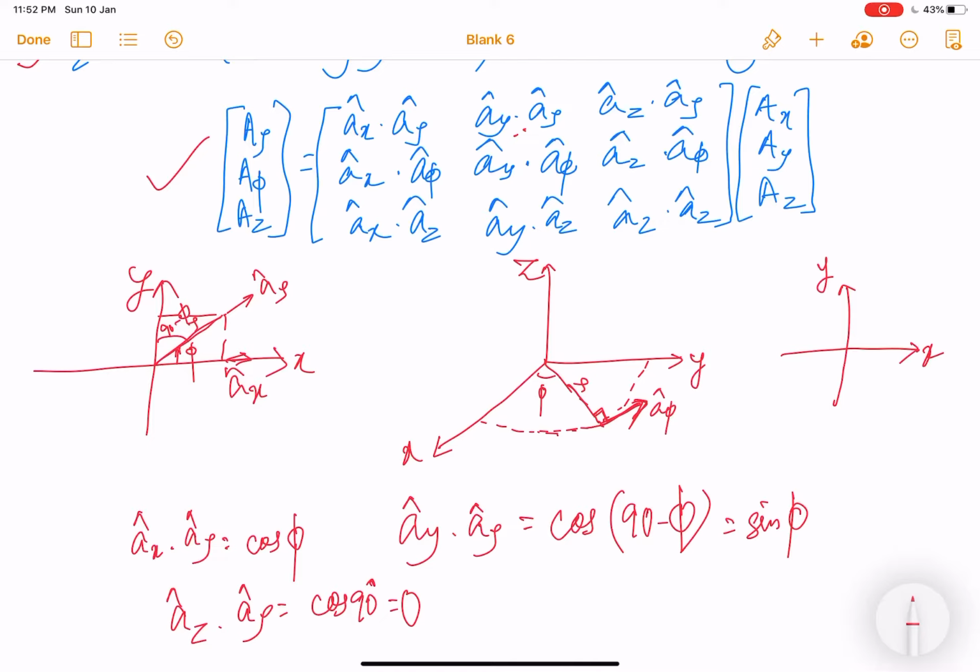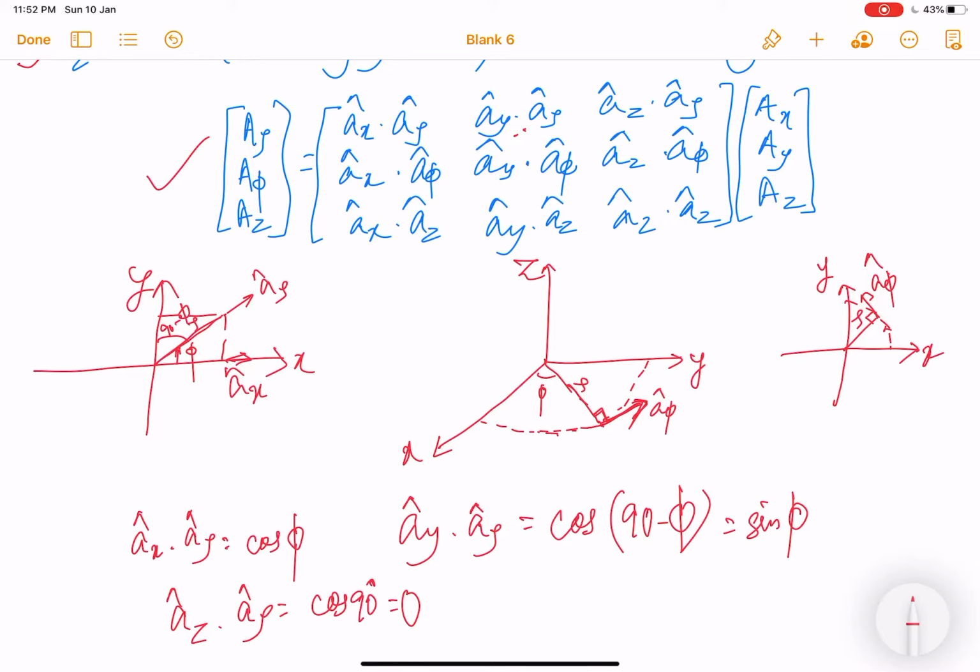This is my phi, this is my rho. If I move from the x to the y direction, my a phi cap will be like this, and this is 90 degrees.